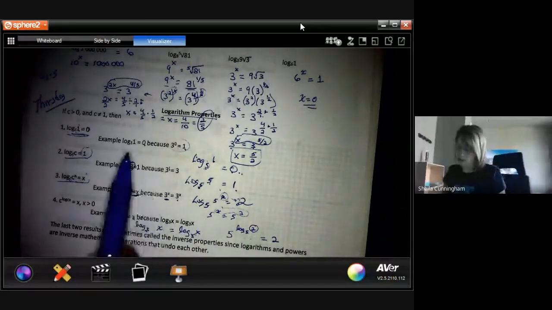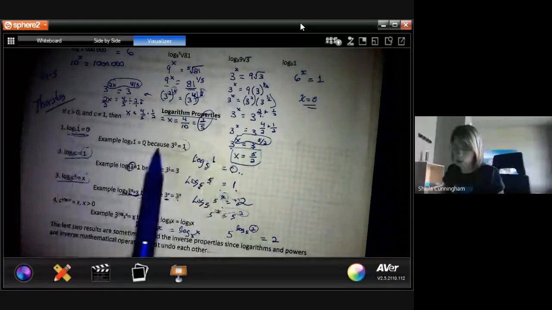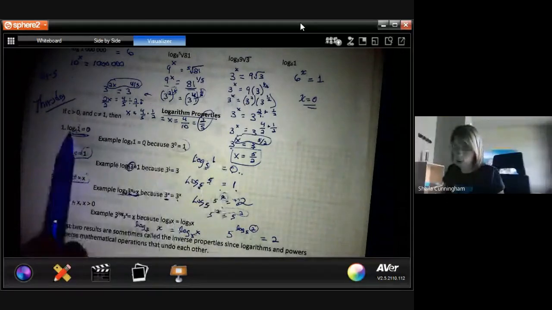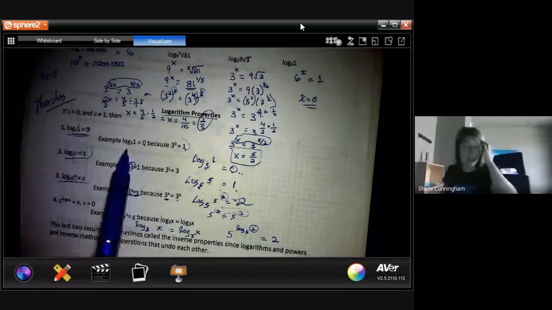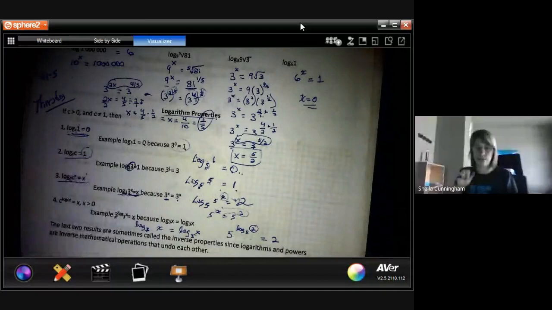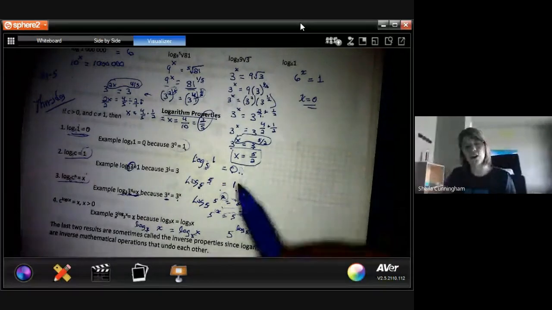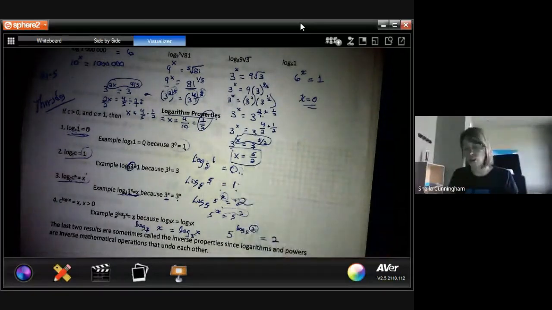If you've been given a logarithm and you're stuck, you can always convert it to an exponential and get your answer. But have no fear, if you forget the quick shortcuts, you still have ways to get that same answer.